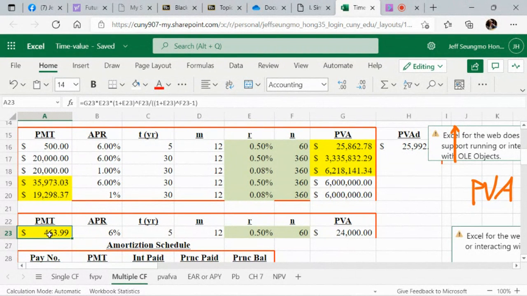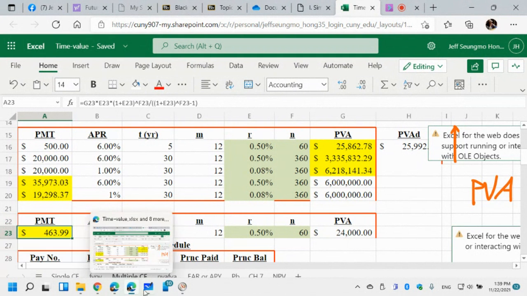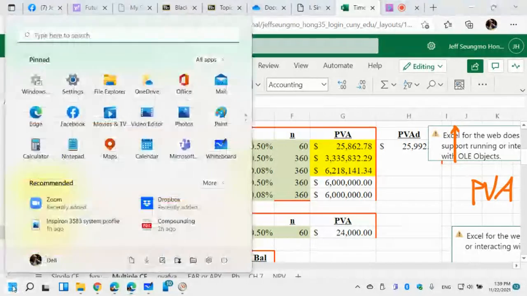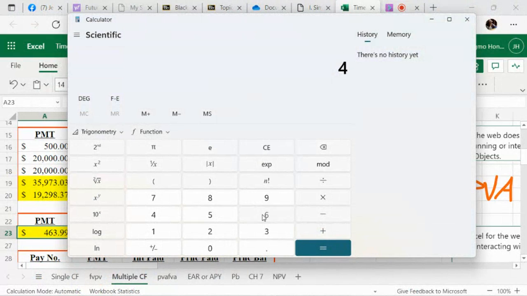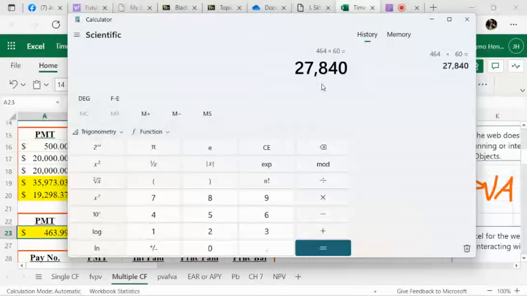So the total of these 60 payments, you can easily calculate, just roughly, 464 times 60. That's the total of all of those monthly payments. So you're paying interest, okay? 24K is only the present value of all of those payments.